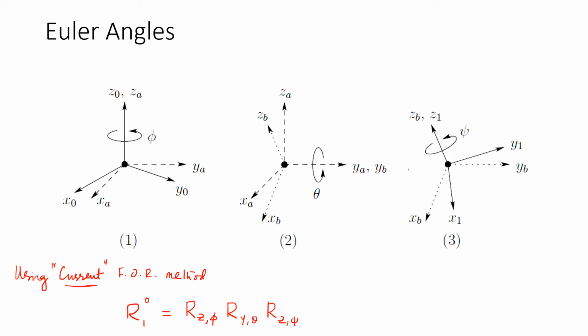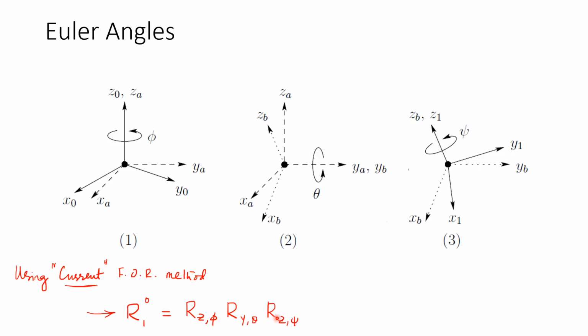And that is when we said, why not use Euler angles in order to decompose a rotation into 3 constituent rotations according to the Euler notations. So you are going to have the rotation matrix of the first frame with respect to the 0th frame decomposed into the first rotation being rotation about z-axis by phi, then the second rotation about y-axis by theta, and then the third rotation once again about the current z-axis by psi radians.